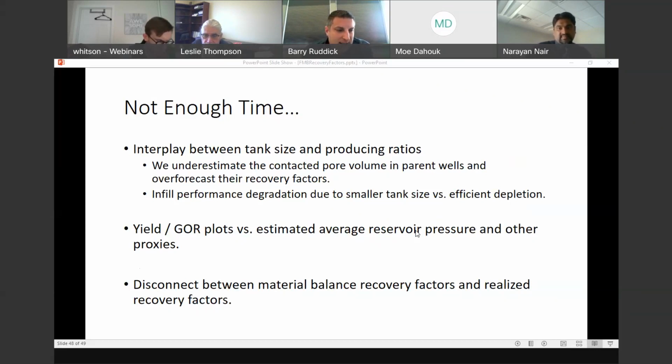Unfortunately, these plotting techniques were not specifically developed to identify drive mechanisms. There's enough unknowns in the input that it could be a different drive mechanism, or it could also simply be a variety of other inputs that are causing you to make predictions that aren't following your well performance. So if I were looking for drive mechanisms, I don't think this workflow would be at the top of my list. Narayan, do you have any additional insight?